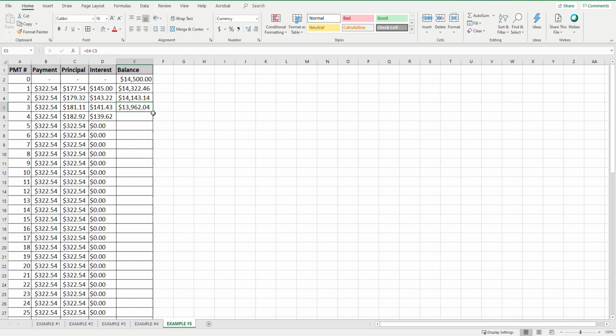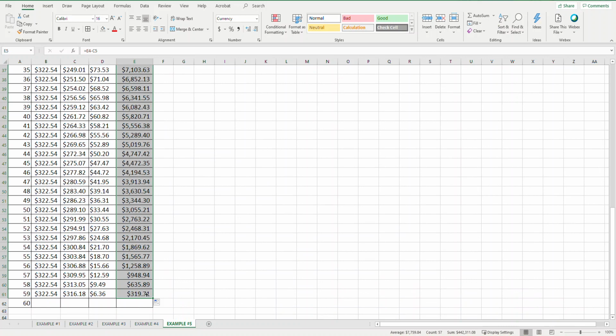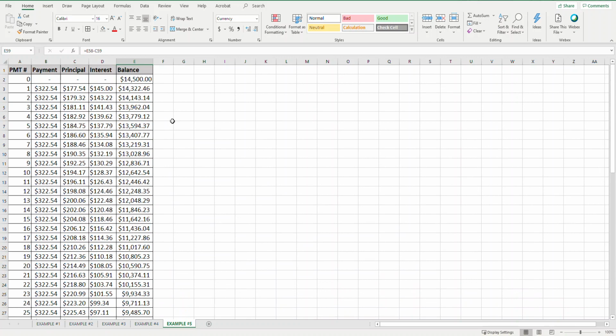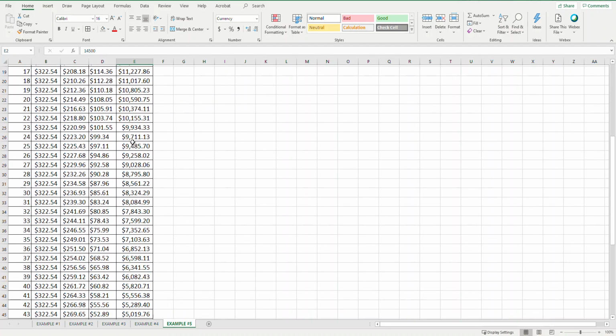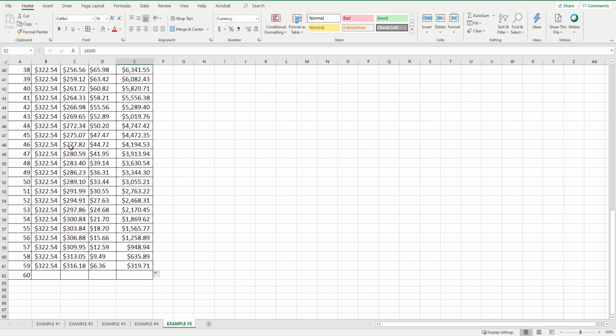So let's go ahead and finish this by dragging. Okay, so essentially the balance started off as 14,500, and then we are paying this off throughout the 5 years.